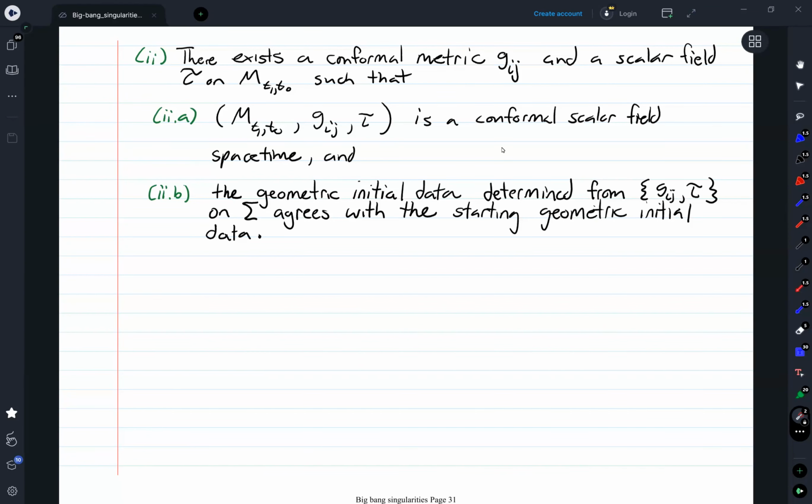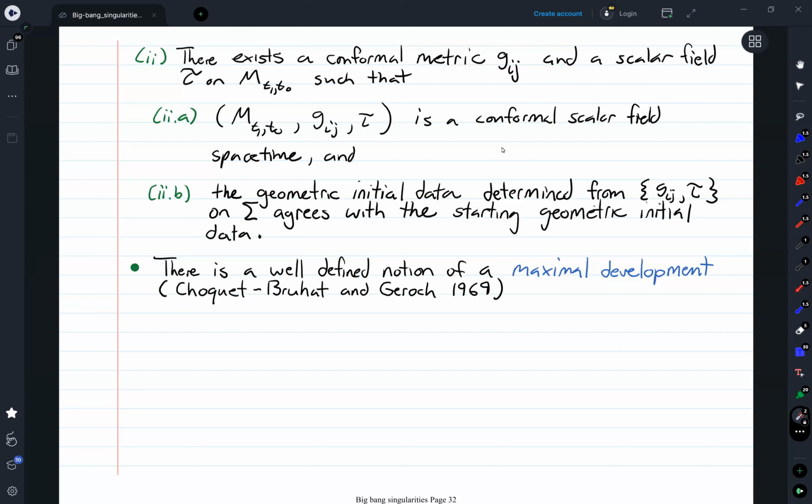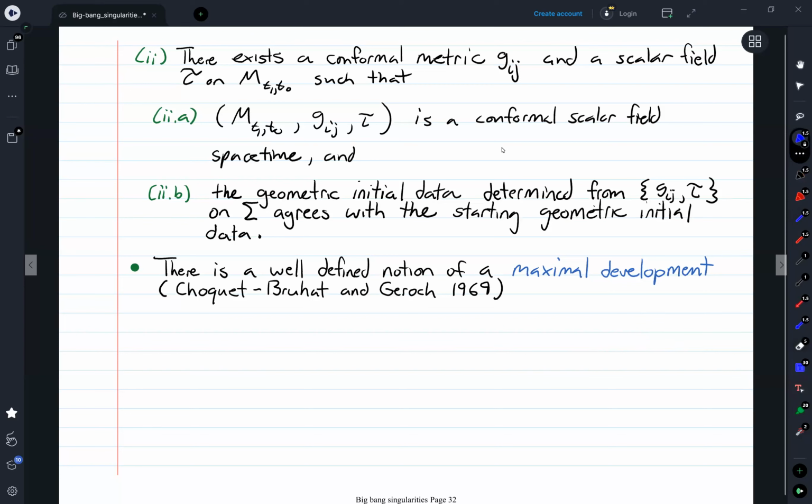But now what we want to know is, what's the biggest that we can have? Okay, so for this, we need the notion of a maximal development. So what that is, you can think about, I have some initial hypersurface. I use this local existence to get a small bit of space-time. So here is maybe my initial hypersurface, and then I might get a small piece of space-time, something like that, where the solution exists.